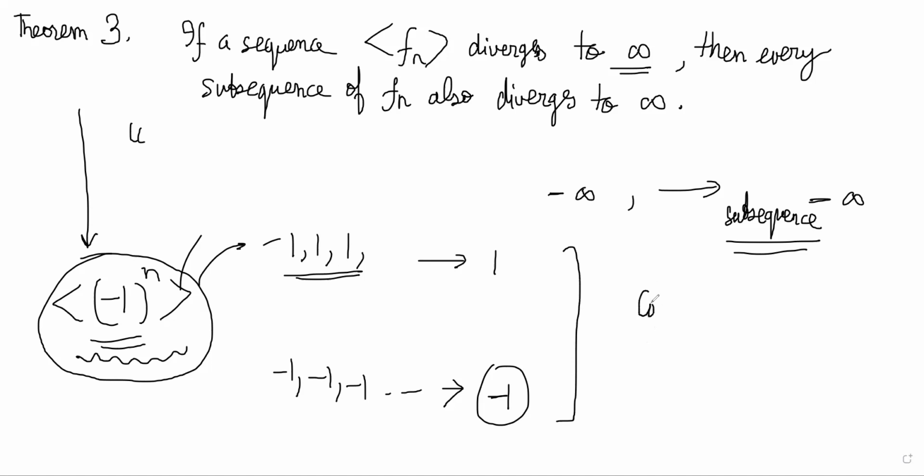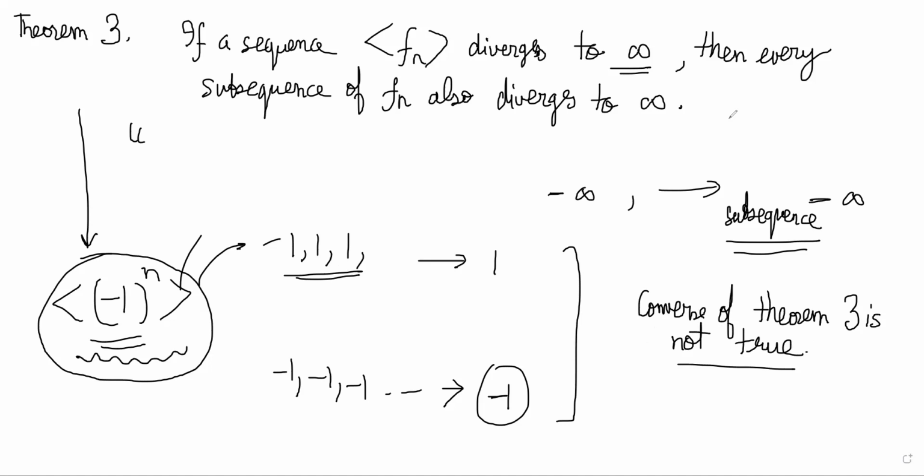Also, the converse of theorem 3 is not true. So basically it means if a subsequence is diverging to infinity, it doesn't mean that the sequence is diverging to infinity.